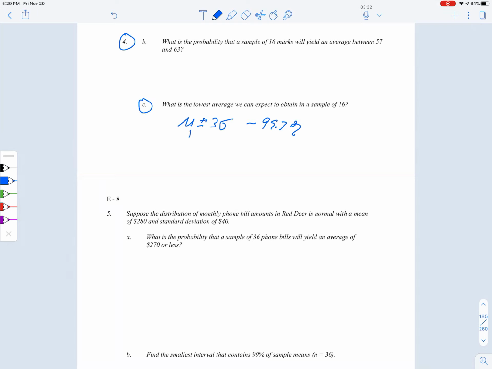Well, in our particular case, the mean of the x bars is still mu, and we're talking about the lowest average, so it's not plus or minus, it's just minus 3 times sigma over the root of n, because we're talking about the distribution of sample means. So that's going to be 60 minus 3 times 12 over the square root of 16, and that comes to 51. So that is about the lowest average that we can expect.